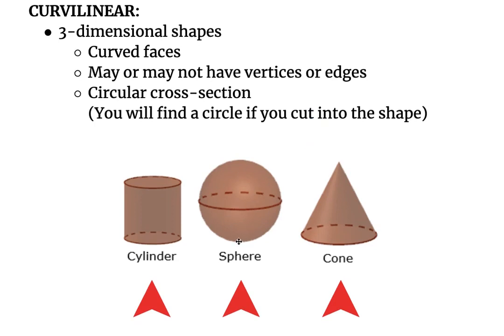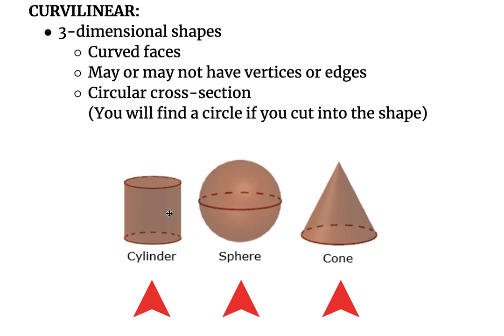It's just one smooth face. It also doesn't have any vertices. There's no points anywhere. The cone has all three. It has faces, edges, this edge around here, and then a vertex. But the cylinder has no vertex. There's no pointy ends. It does have two edges and obviously some faces. Okay, so it gets a little weird with the curvilinear family.